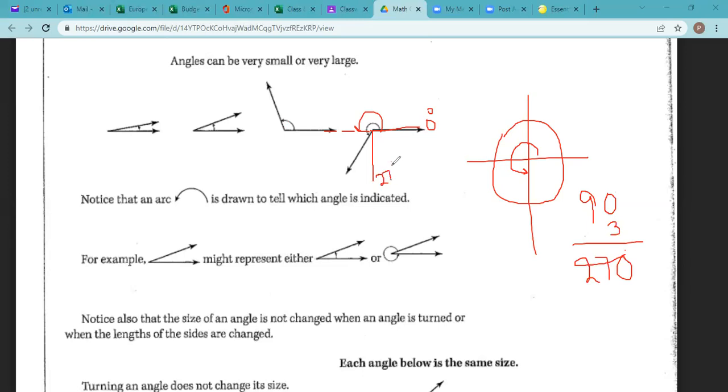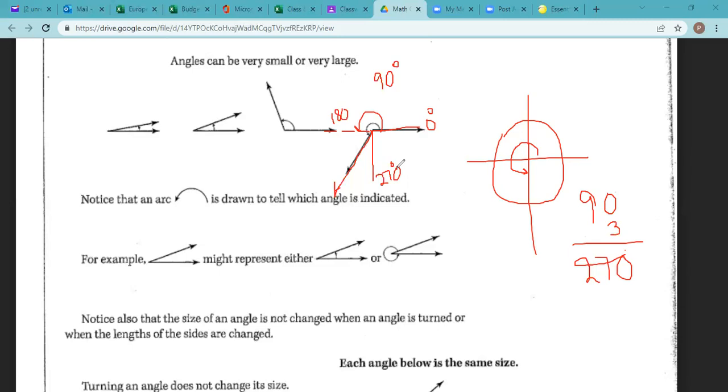So if it was to come all the way straight down, this would be 270 degrees, right? That's your 180. Here's your 90 if you were to go straight up. So think about it, what degree do you think this arrow is? We know it's more than 180. We know it's less than 270 degrees.